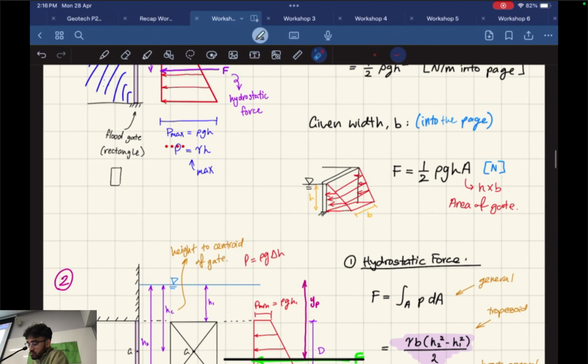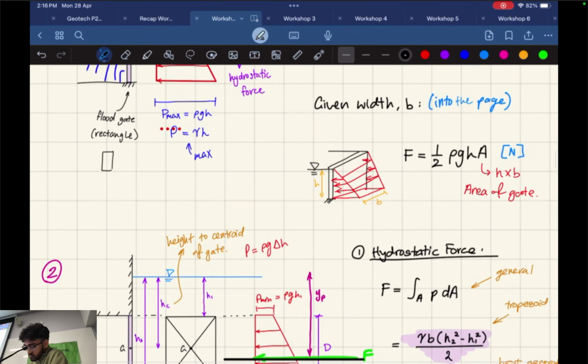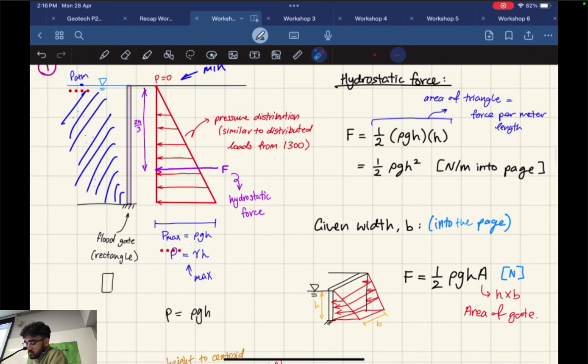So we know that pressure is equal to rho g h, right? Where we take h from the top of the surface of the water, right? So if we take h being 0, being at the top of the surface, our pressure is going to be 0, right? At the maximum, it will be whatever h is, right? The height of the gate.